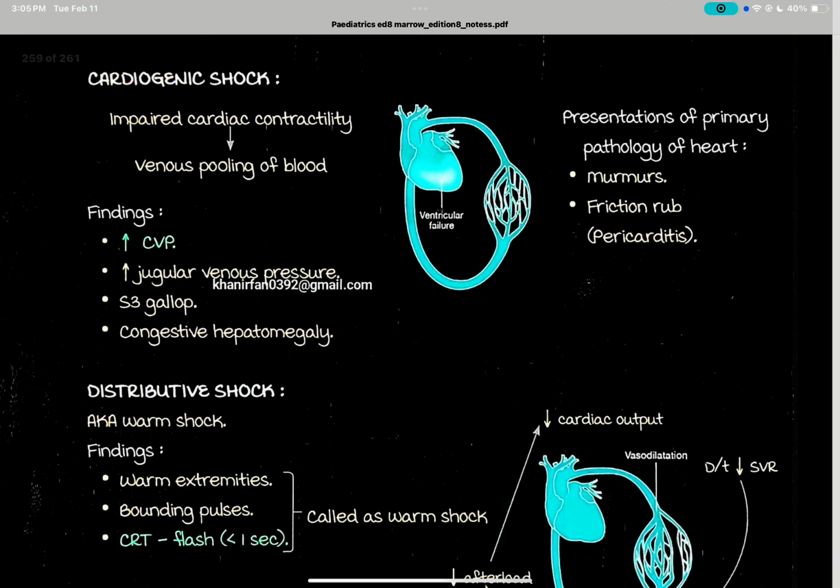Cardiogenic shock: impaired cardiac contractility, venous pooling of blood.